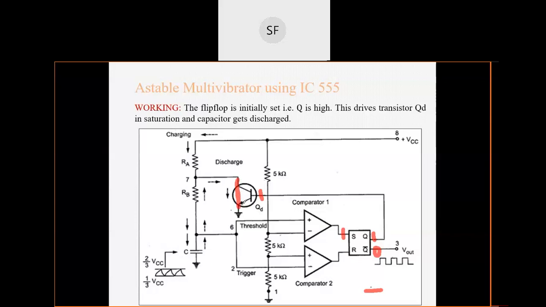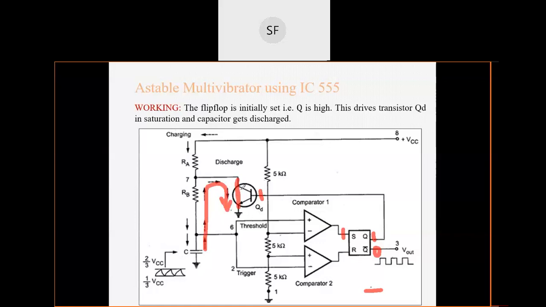So what happens due to that? Let's say there are some charges present in this capacitor, because the function of a capacitor is to store charges. So let's assume that there are some charges already stored by the capacitor. Then what happens due to this short circuit? This capacitor will now discharge through this part. So this capacitor will discharge in this direction.